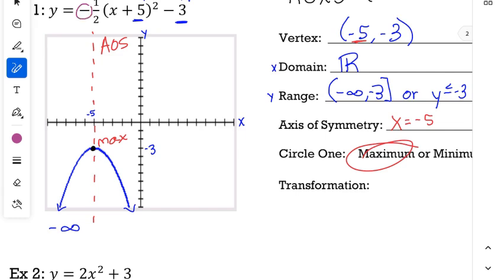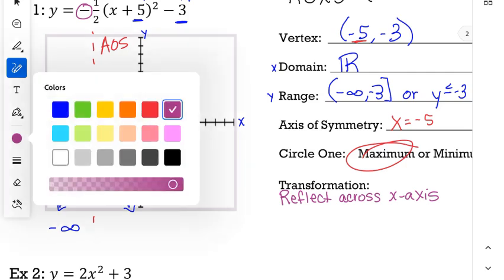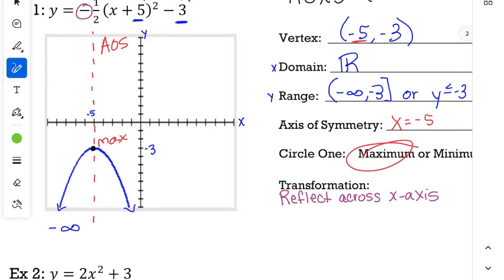So let's see. What did the negative do? Reflect. So that's the first one we write. Reflect across x-axis. Okay, what did the 1/2 do?